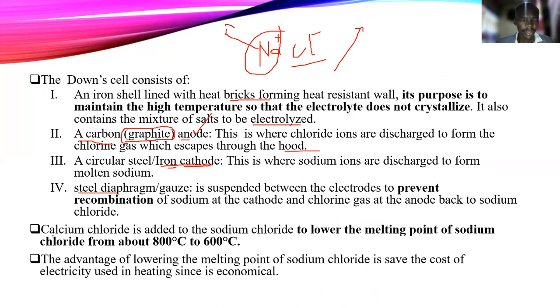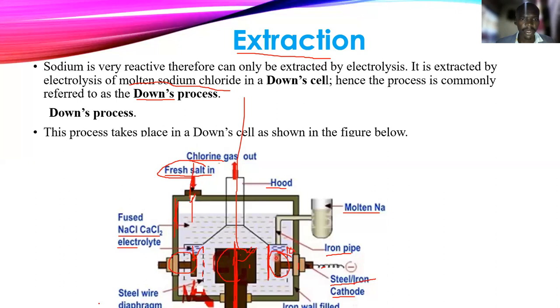Then now there is something, if you come here, let me show you this one. We have the sodium chloride and the calcium chloride. So there is addition of calcium chloride to the sodium chloride. The reason why we add it is to reduce the melting point of sodium chloride.